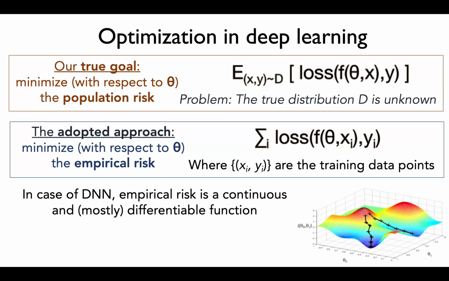So we see here a 3D image in which we have two parameters of the deep neural network, theta 0 and theta 1, and we have the loss function. And in fact what we're looking for is we are trying to find our way to the bottom pit, the value or the values of the DNN model parameters that minimize the loss function.